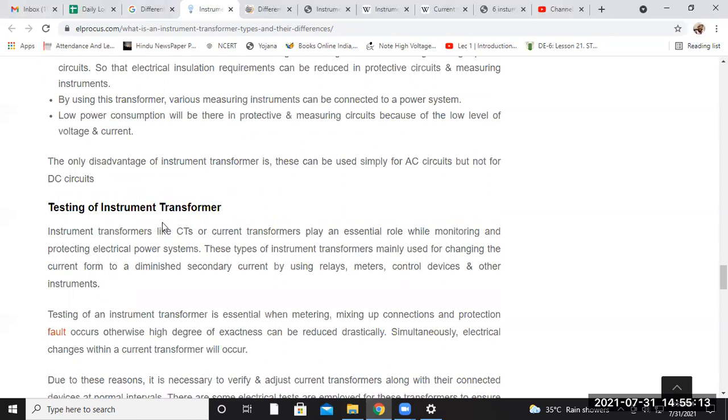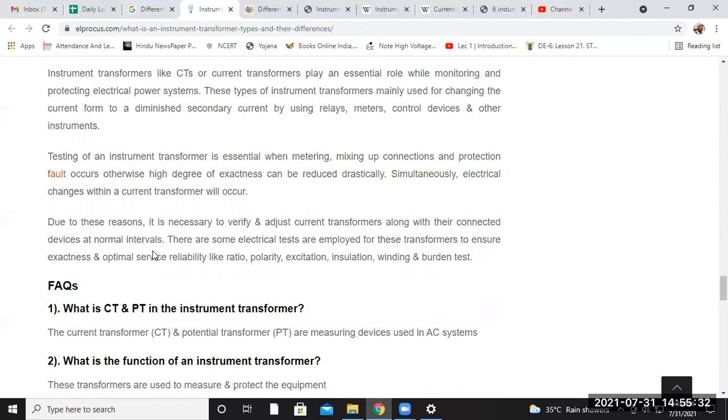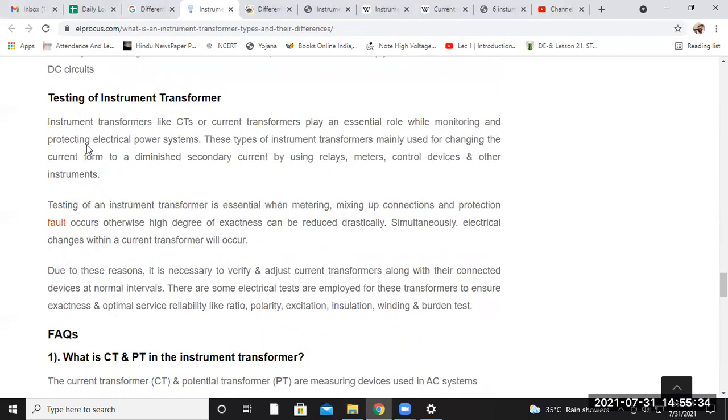Next point is testing of the instrument transformer. How can we test an instrument transformer, whether it is working correctly or has some damage? Here you can see that testing of the instrument transformer can be done.